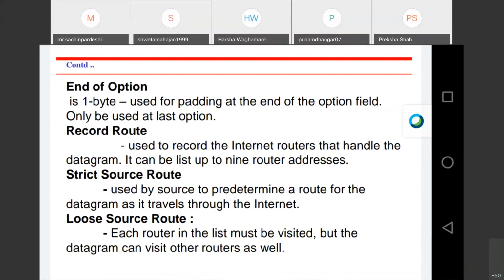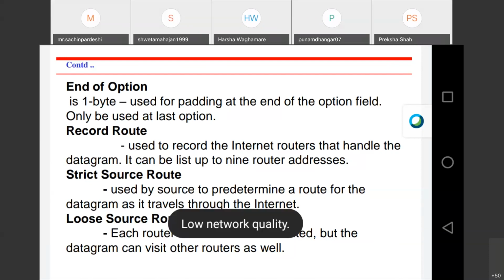Next one is strict source route. Strict source route means whenever a packet is moving, the packet should follow the same route that is defined in the option field. You do not want the packet to move through just any part of the network, since it may be stolen by someone who takes advantage of that information.